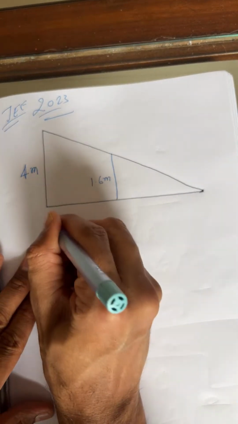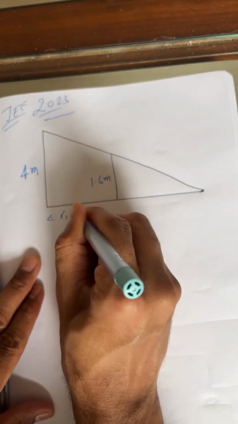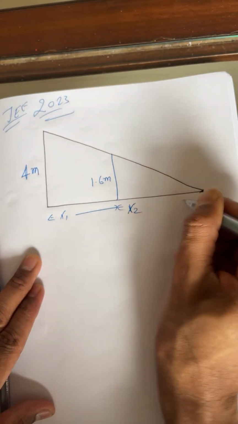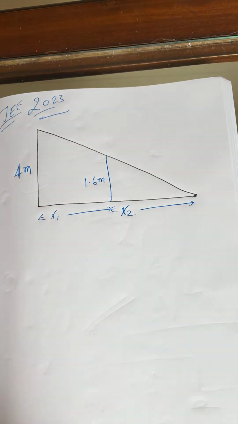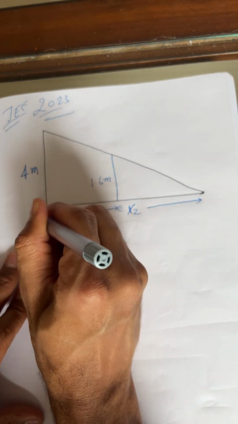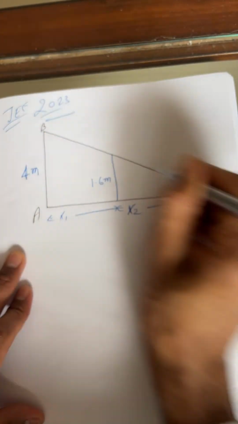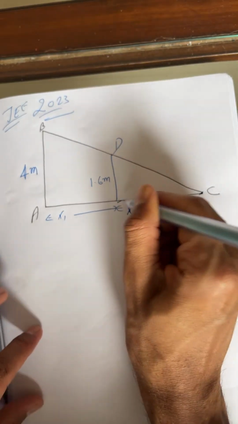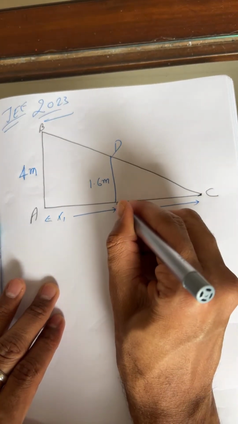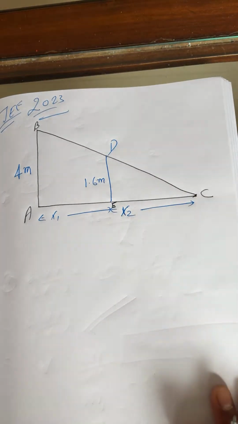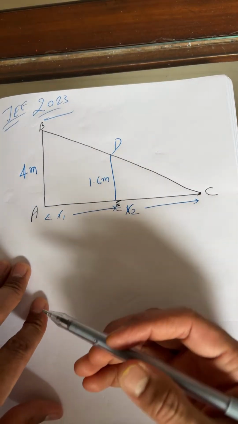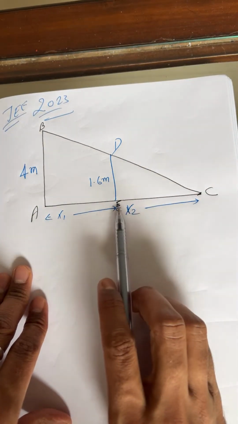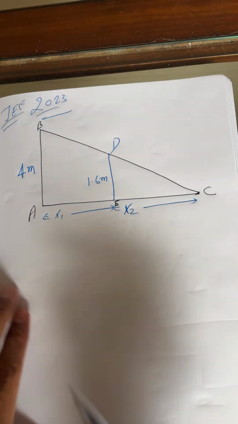So do one thing. Let us suppose this is x1, and this is x2. Apply the property of similar triangles. This is A, B, C. This is D, and this is E. Similar, what does it mean here?